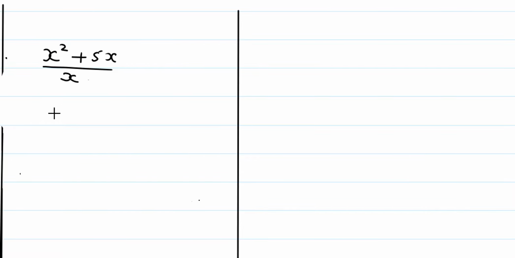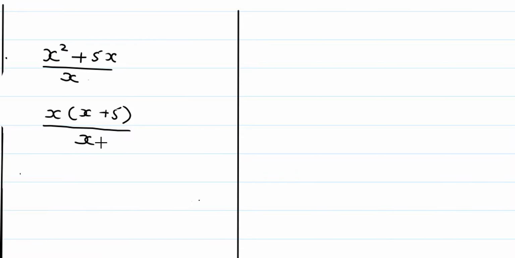In the numerator, I can say it is x times x, because x multiplied by x will be x squared, then plus 5, because 5 multiplied by x will be 5x, in brackets, then we divide by this x here.